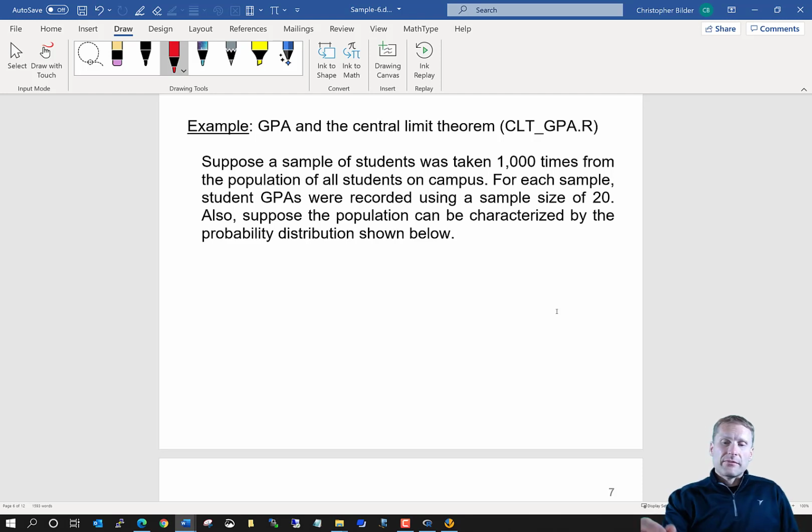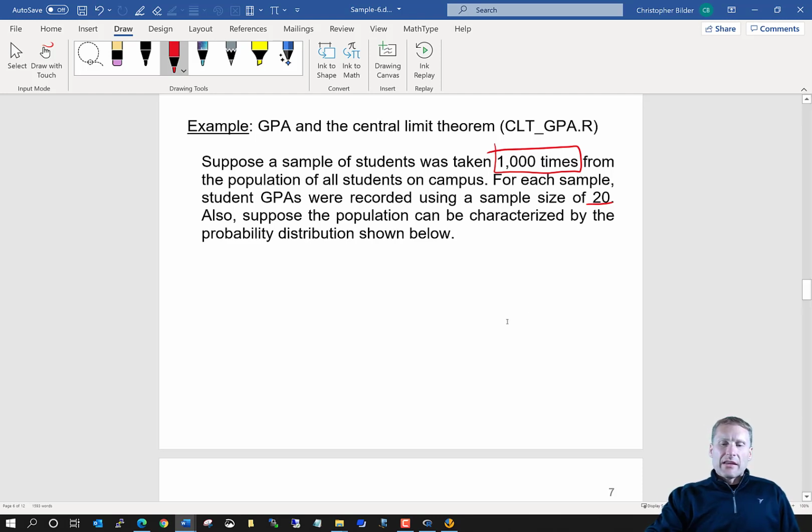So let's say I sample 20 students, and I repeat the sampling process 1,000 times. This is with respect to the GPA example. So I go out and take a sample of 20. Then I go out and take another sample of 20. I do that 1,000 times.